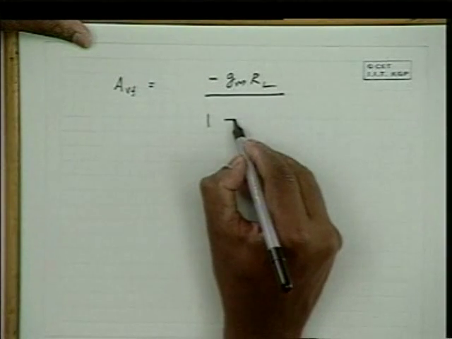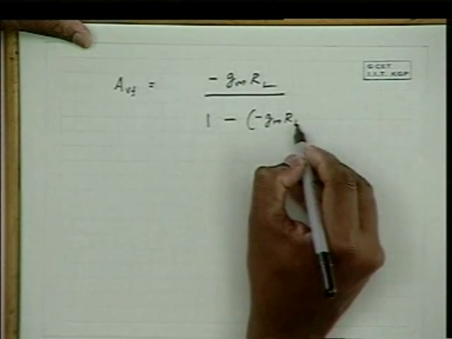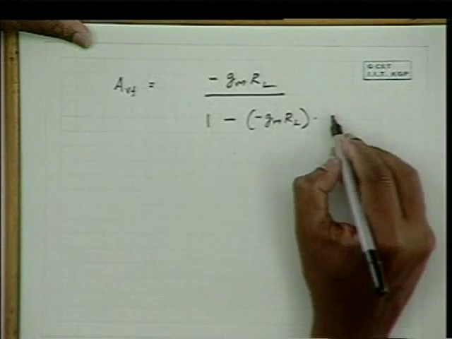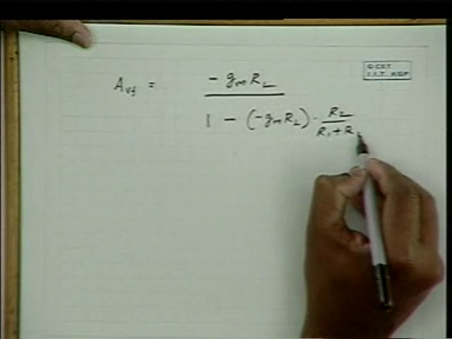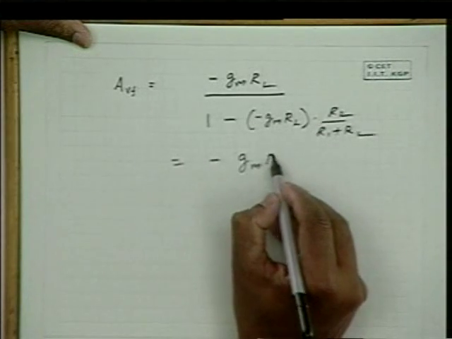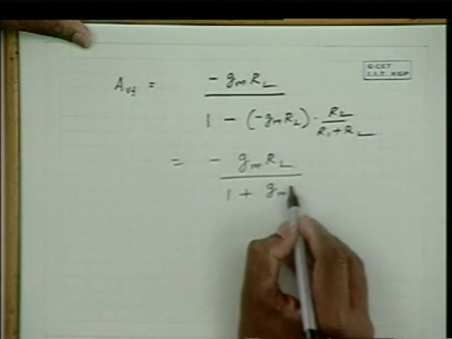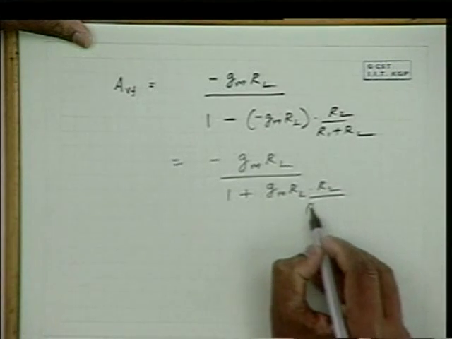Therefore, 1 minus A beta, where A is minus Gm RL and beta is R2 by R1 plus R2. Hence, it is equal to minus Gm RL by 1 plus Gm RL into R2 by R1 plus R2.